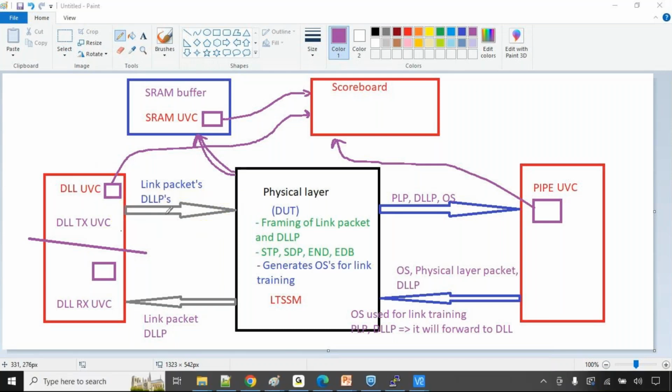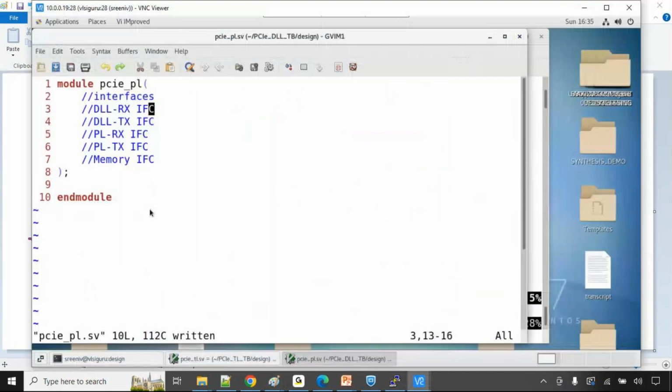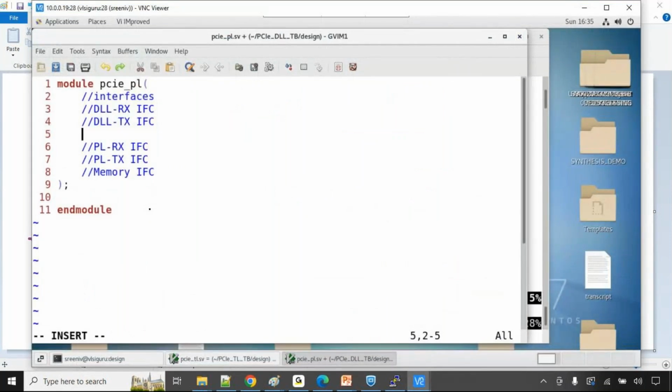How it is going to look is, this is transmit, right? It is going to have a clock coming into it. The DLL receive interface has a clock coming into it, that is DLL PL clock I, the clock that is coming into me.